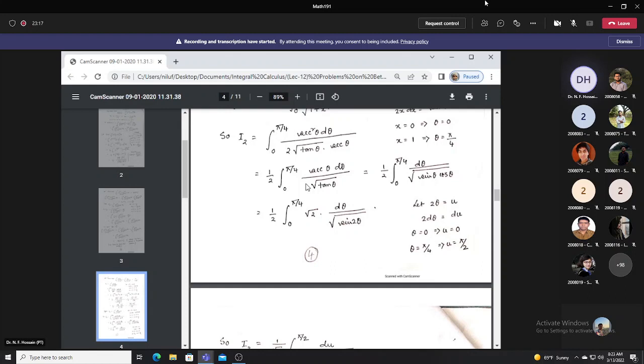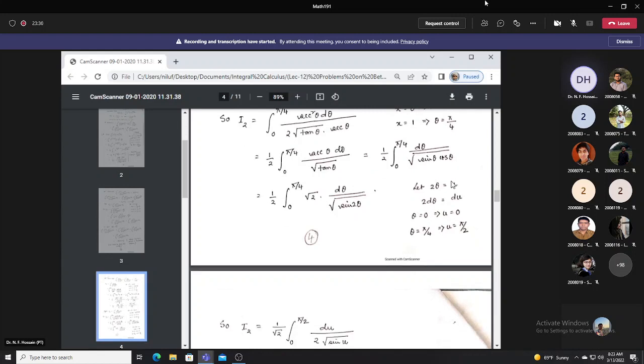This cos theta, when taken under the square root, should be cos square theta, and one cos theta from this will be cancelled. So ultimately it should be root over sine theta cos theta, which is nothing but half sine 2 theta.